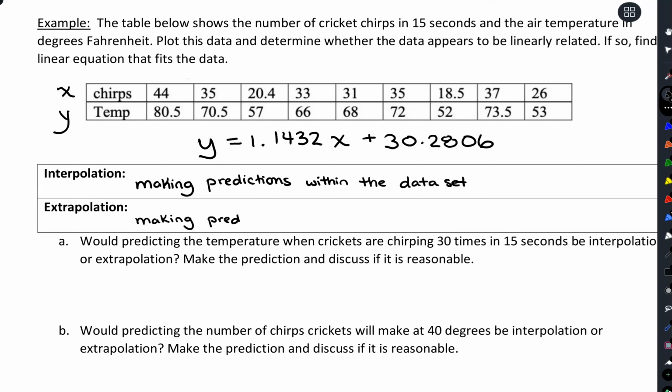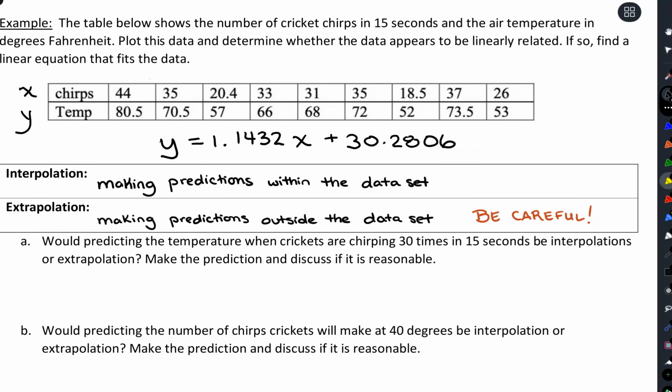And with these, we want to be careful. So if you extrapolate, you can do it, but be careful. And sometimes the answer just won't even make sense when you do that. So sometimes it's really obvious, sometimes it's not so obvious.